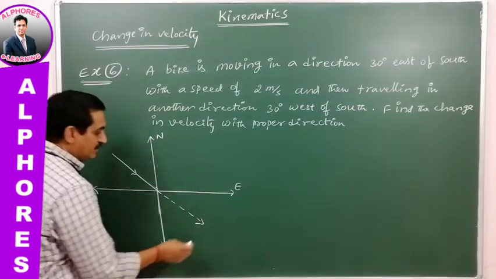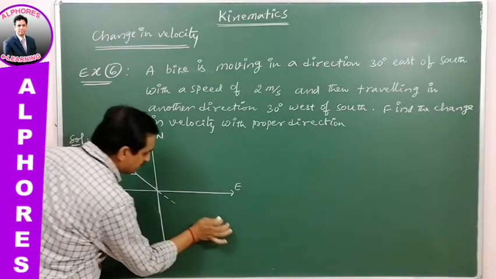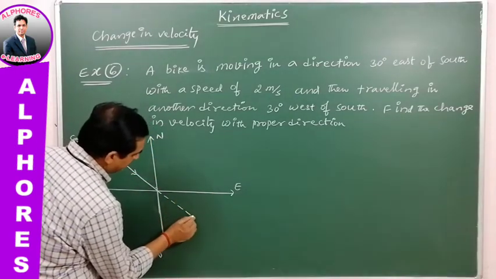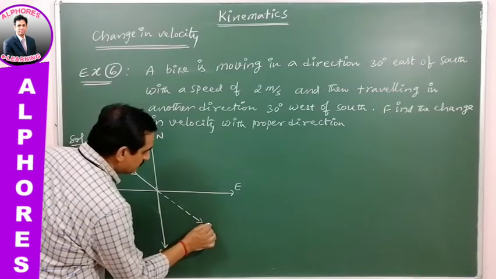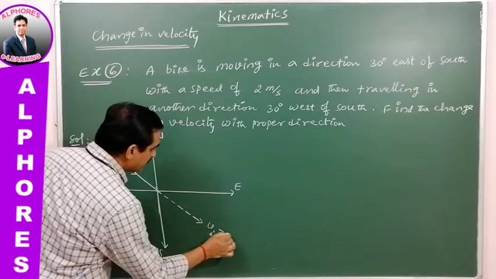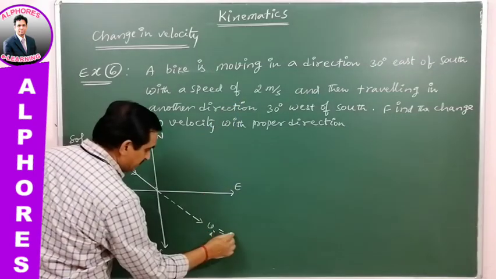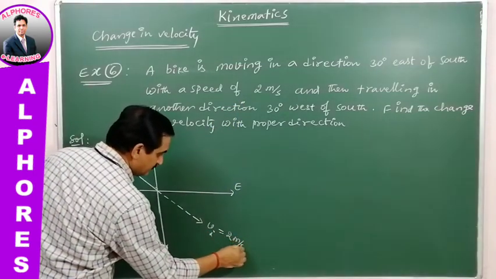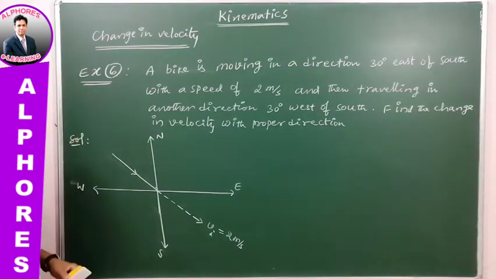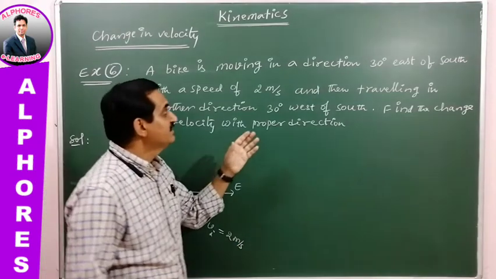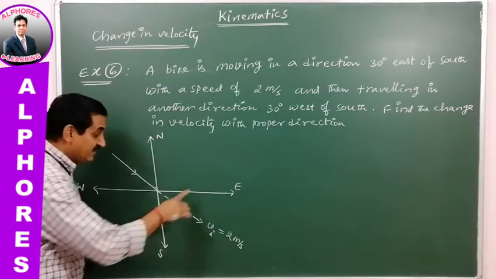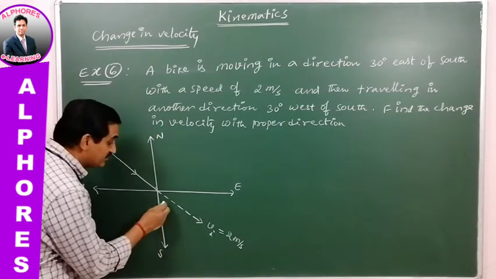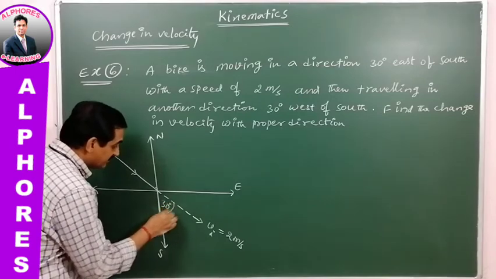This is initial velocity of the bike, 2 meters per second. And its direction is clearly mentioned, 30 degree east of south. This is 30 degree.